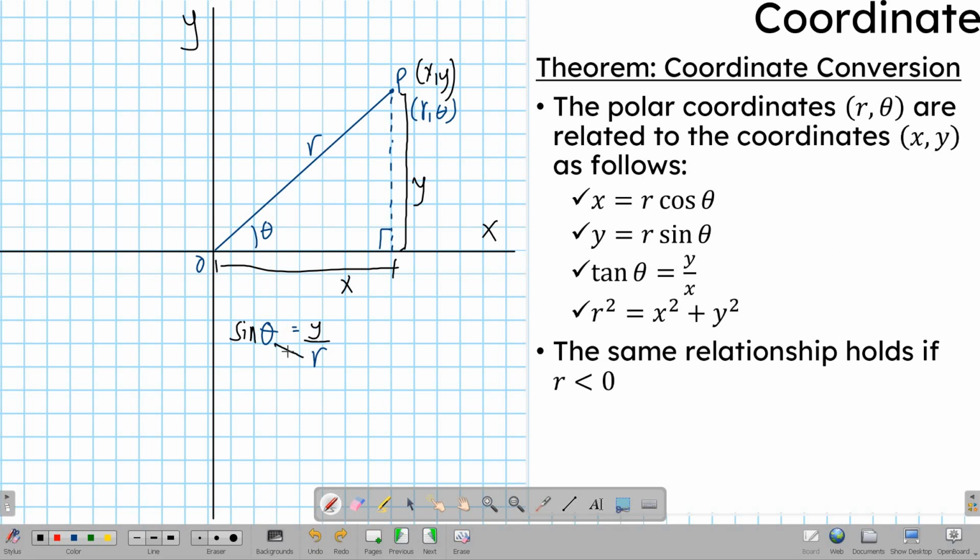If I cross multiply this, y would then be equal to r sine theta.